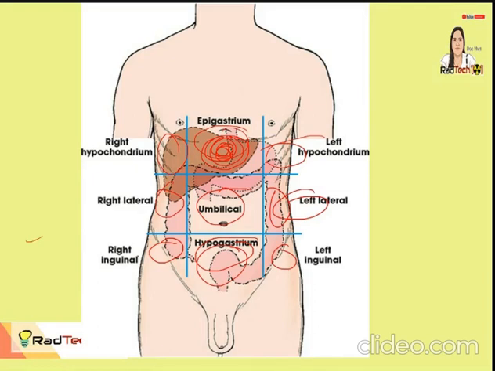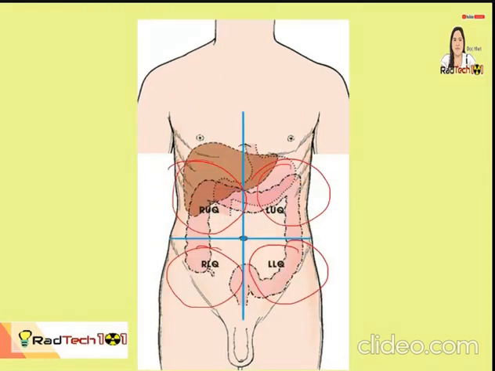Another example, if the patient is feeling discomfort in the right lower abdomen, it could be described as having a right lower quadrant discomfort. So sasabihin natin the patient is having a discomfort sa kanyang right lower quadrant.